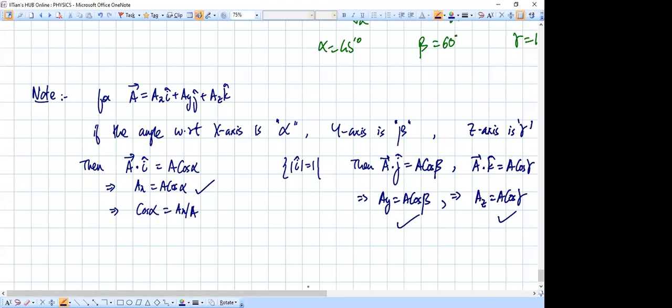Now let's quickly come back to the 4th and 11th questions in the exercise. For the 11th question, you can directly apply this.